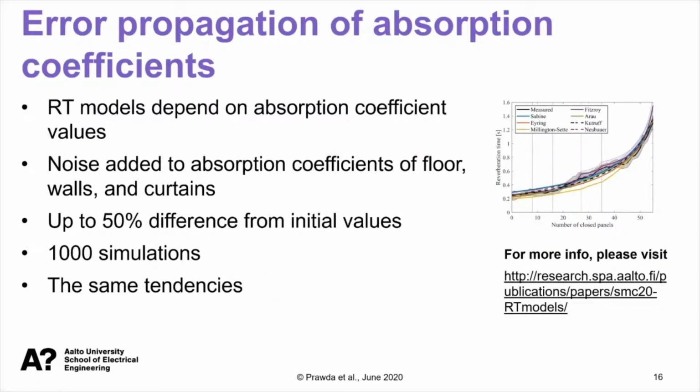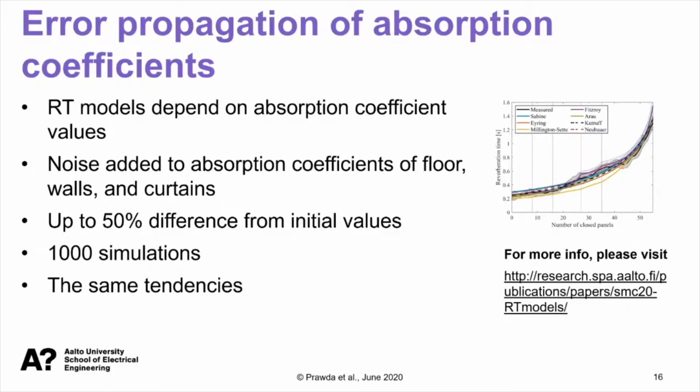So knowing that the models for predicting reverberation time that were presented in the study depend heavily on the absorption coefficient values, we wanted to check whether our results and our conclusions are valid.